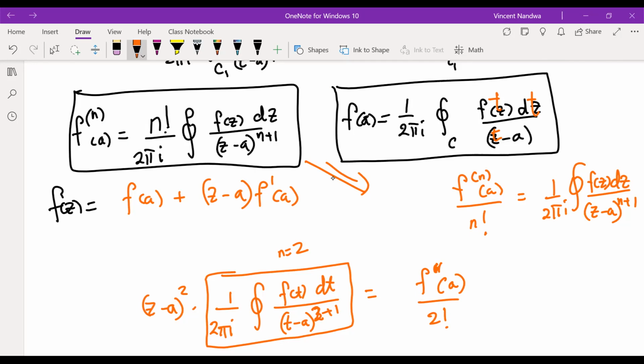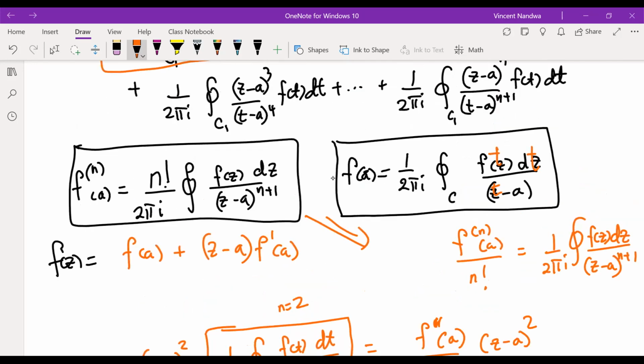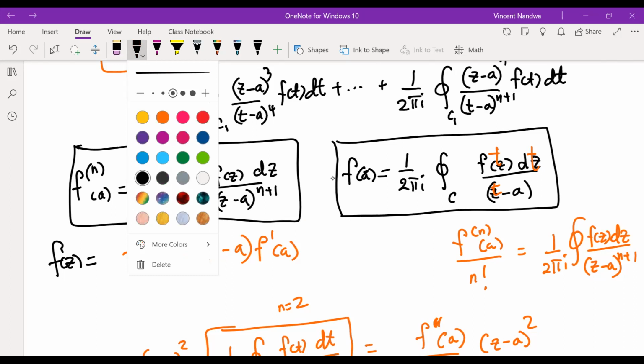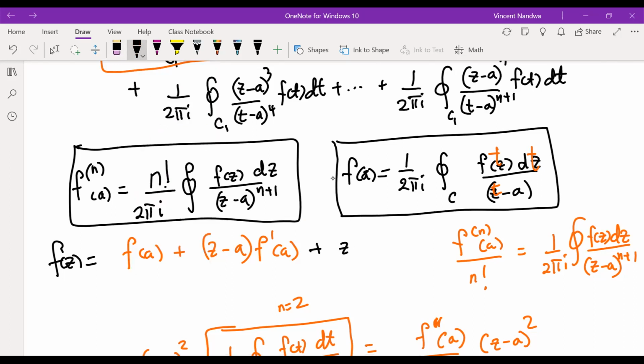So then multiplied by z minus a power 2. So therefore, the next term will be z minus a power 2 divided by 2 factorial. So you'll have plus z minus a power 2 over 2 factorial times the second derivative at a.